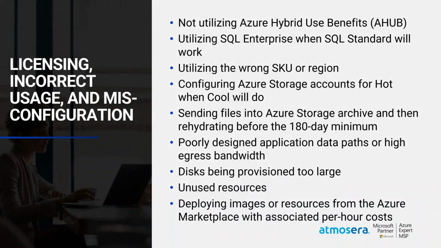Also, the costs vary by region. West US is going to be a different charge than West US 2 or West US 3. So if you have the ability to utilize different Azure regions, pick the cheapest one.